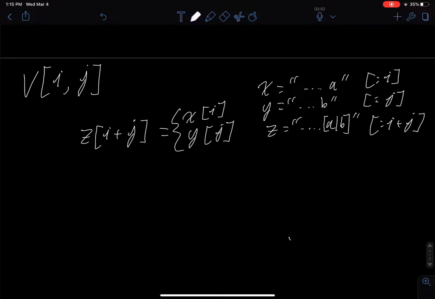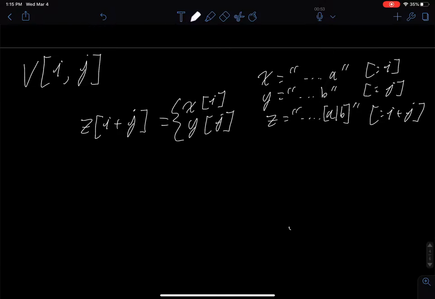What happens if the i plus jth character of z comes from the ith character of x? Well, then it must also be true, first of all, as we examined over here, that z sub i plus j equals x sub i.